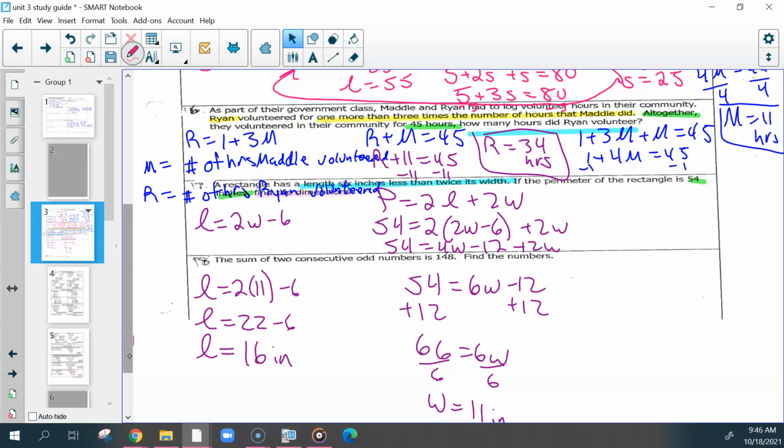Like the length is 6 less than both of the widths combined, or just one? Oh no. Is this talking about one of the widths? Because it said twice. That's why you got that. This would just be like if you took one of the widths, multiplied it by 2, and subtracted 6, it would equal one of the lengths. Yeah.